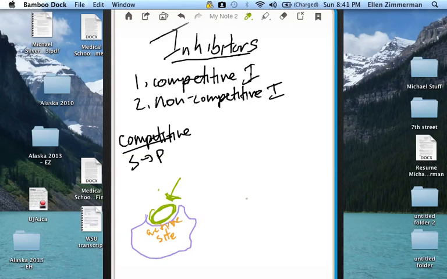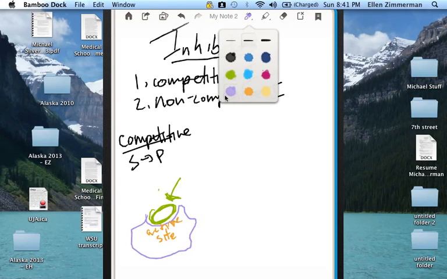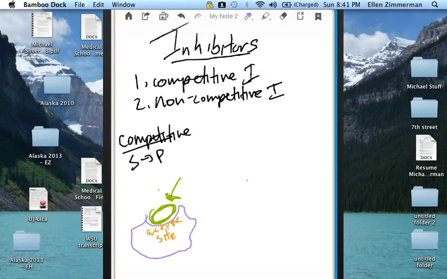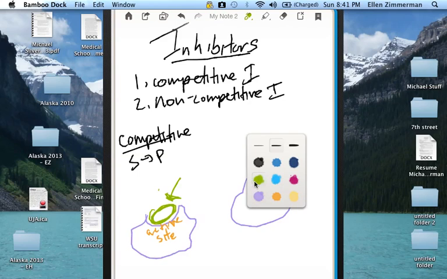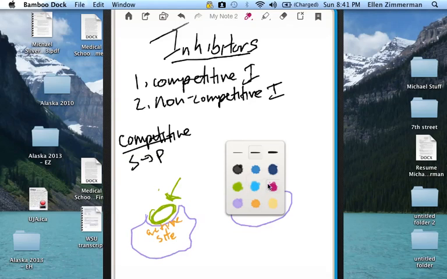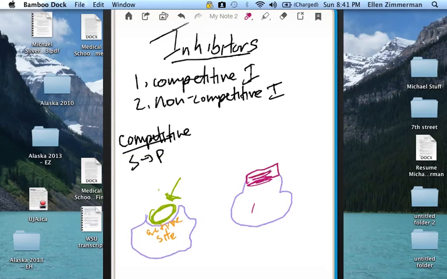So what it looks like is you have your enzyme with its active site, and competitive inhibitors block the site. They block the site so that no substrate can enter.